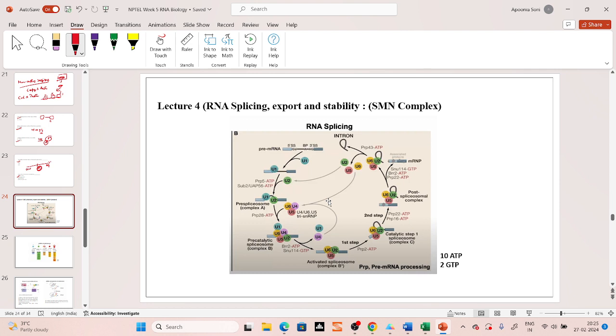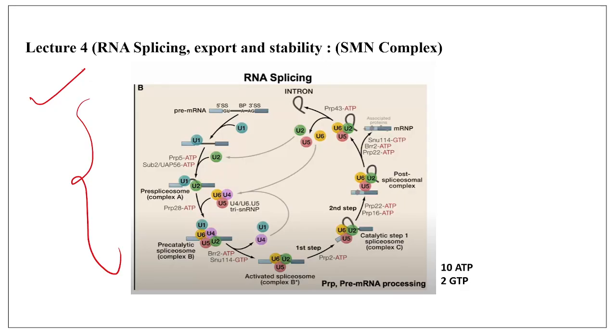So again, as I said, this RNA splicing mechanism is repeated many times. You can see over here again that first U1 comes, then U2 comes, and so on. This all you can read by yourself. You just have to read the splicing mechanism again. The important thing that I wanted to tell over here is, let's try to count from here how many ATP and GTP are needed.